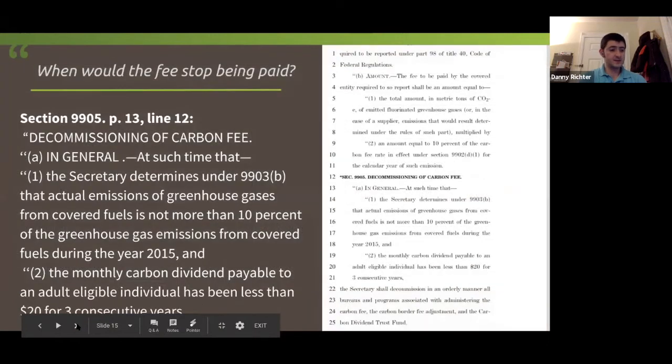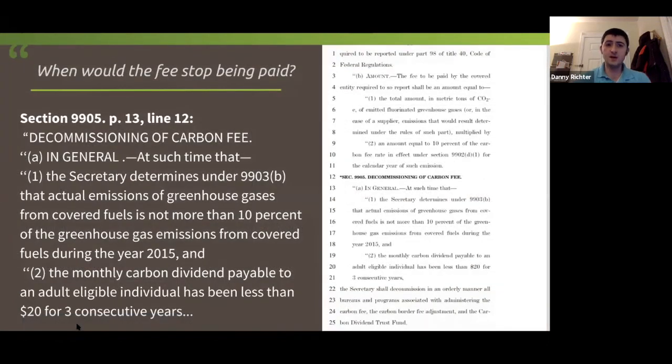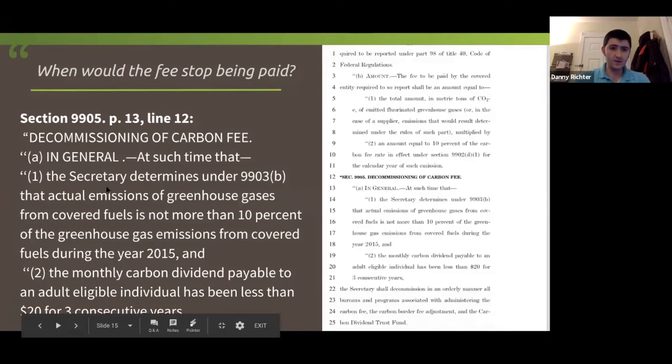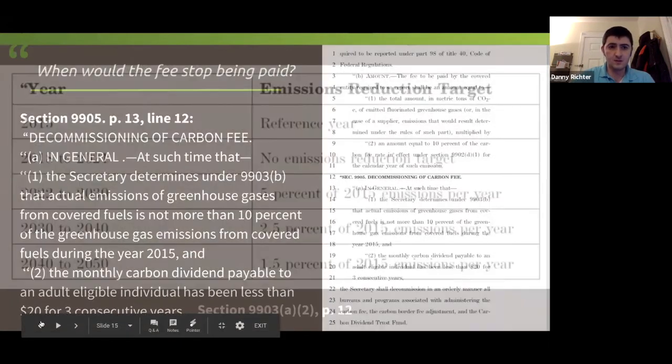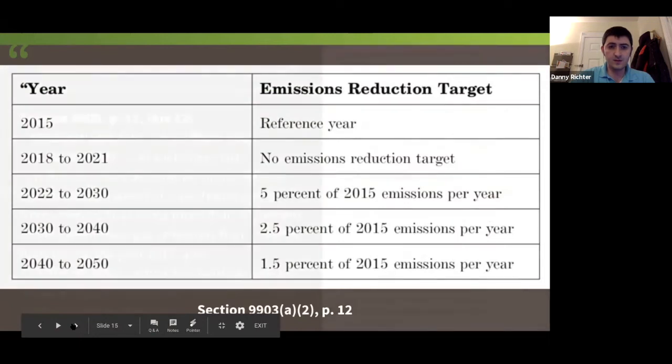So this is the schedule for emissions reductions. And this next part is talking about when would the fee be decommissioned, the decommissioning of the carbon fee. Sorry about that.